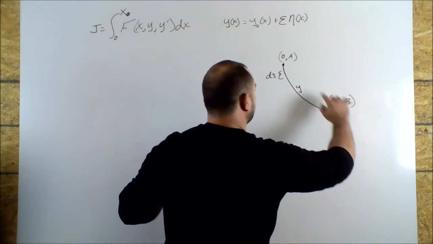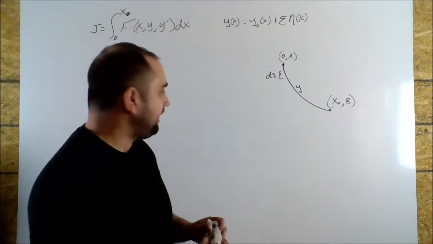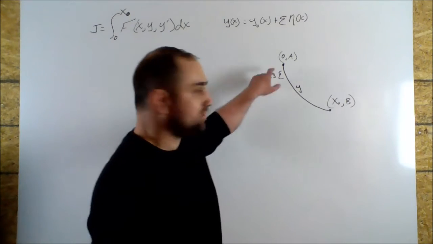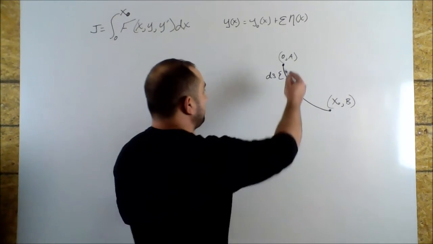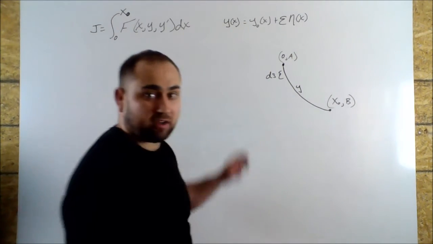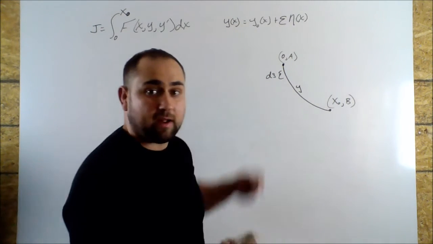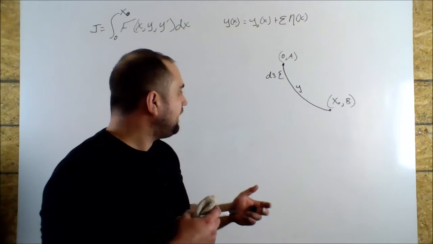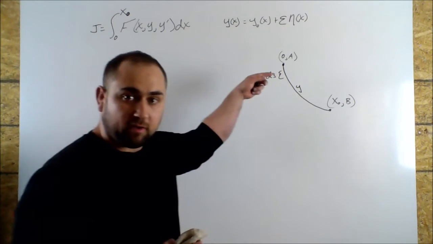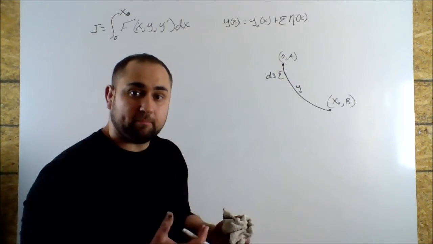There are infinitely many ways of connecting these 2 points in space. Out of those infinitely many ways, how do we pull out the one curve that minimizes time?